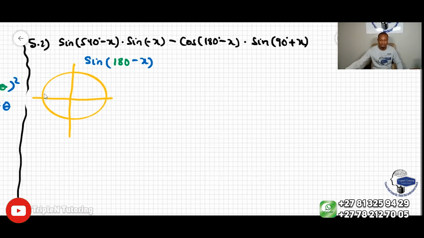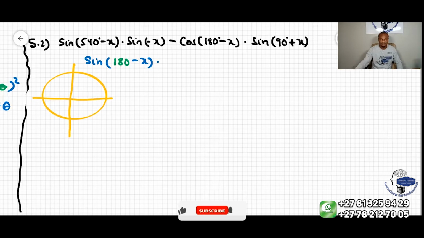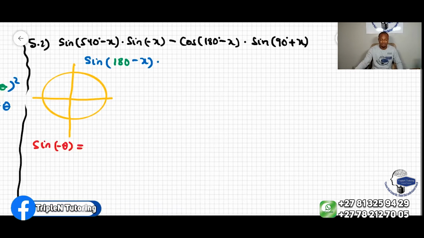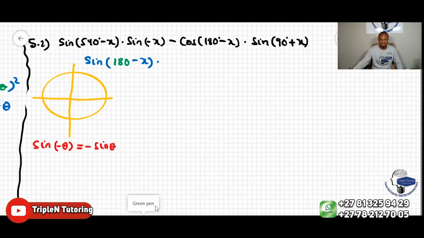So everything up to 360 is the same, and then we add 180, so it's just going to be sine of 180 minus x. Now times sine of negative x. That's a property: sine of negative theta is equal to negative sine theta. So this will be times negative sine x.